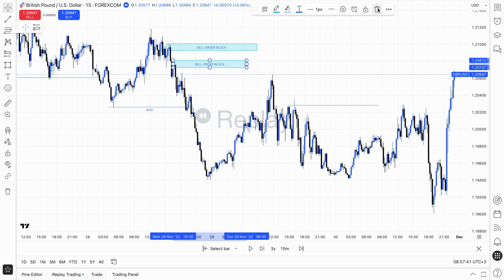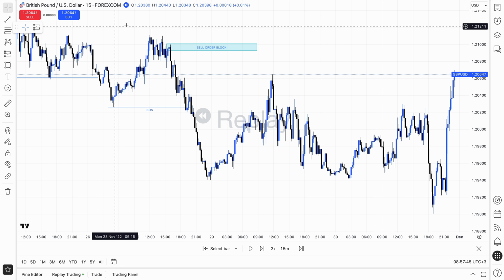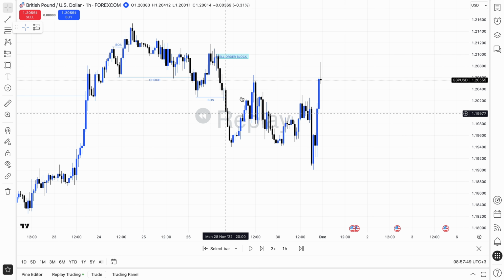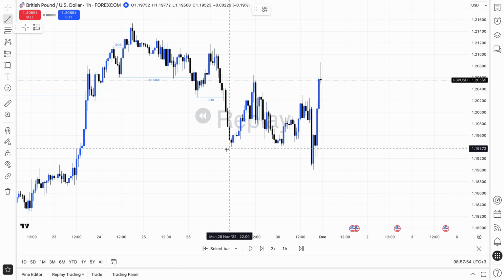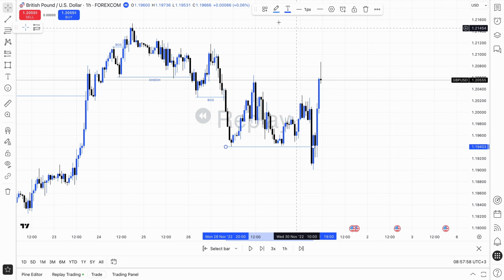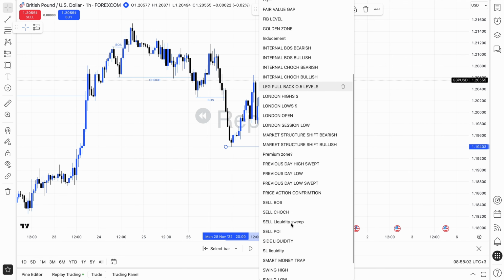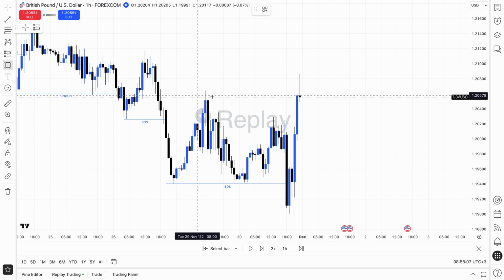Then you need to clean your chart. It's very, very important, because you don't need messy charts. Then you have our continuation break of structure.